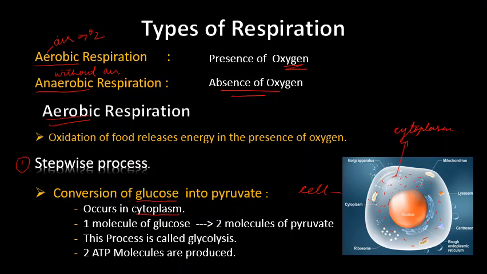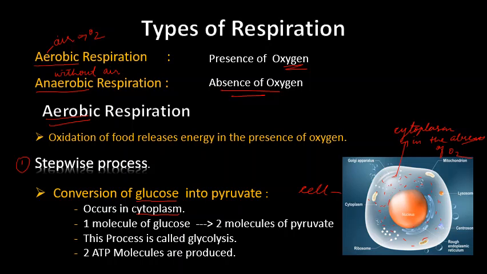This conversion of glucose into pyruvate takes place in the cytoplasm in the absence of oxygen. And here one molecule of glucose is converted into two molecules of pyruvate.